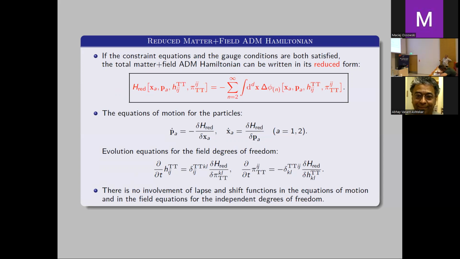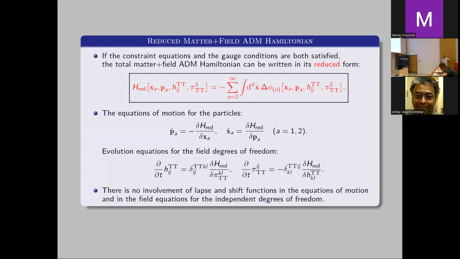But anyway, we obtain at the very end the so-called reduced form of the ADM Hamiltonian, which depends only on the canonical variables, matter variables describing the point particles, and the propagating degrees of freedom of the gravitational field. And please look how simple it is. It is just the Laplacian of the field function phi.